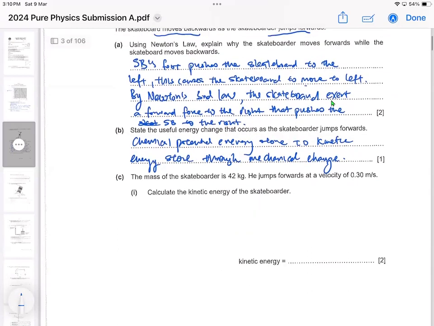Okay. There's nothing much here. The last one is your KE. We have half mv squared, 42, 0.3 squared. And then from here we get 1.89 joule.